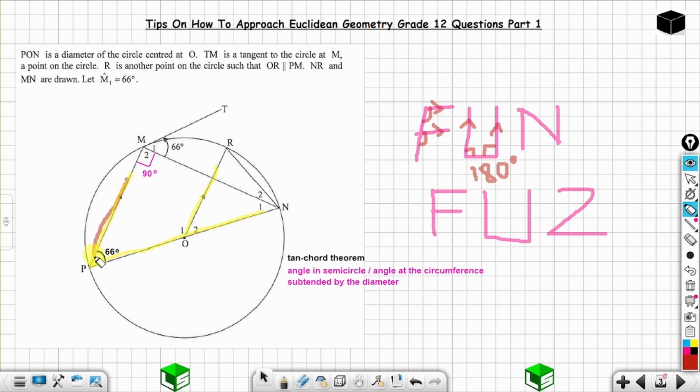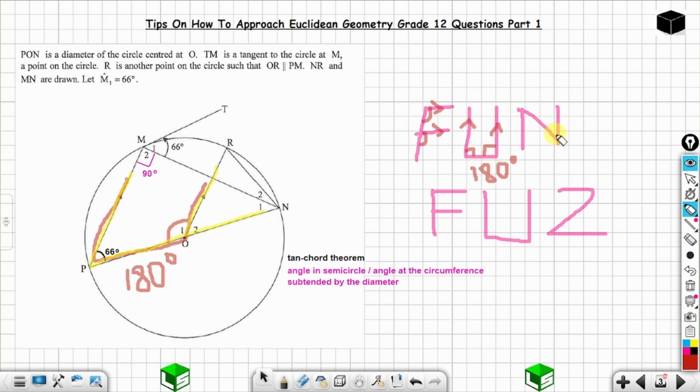Can you see this is U? So this angle plus this angle, you must have 180 degrees. When it is U, you make sure this line is parallel to this line.